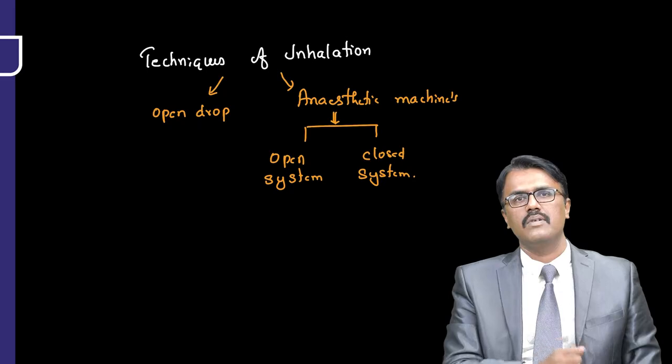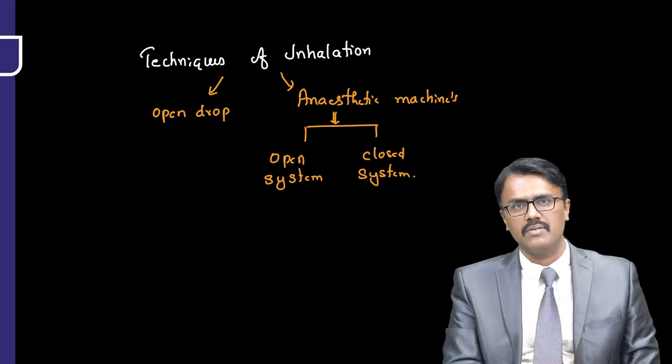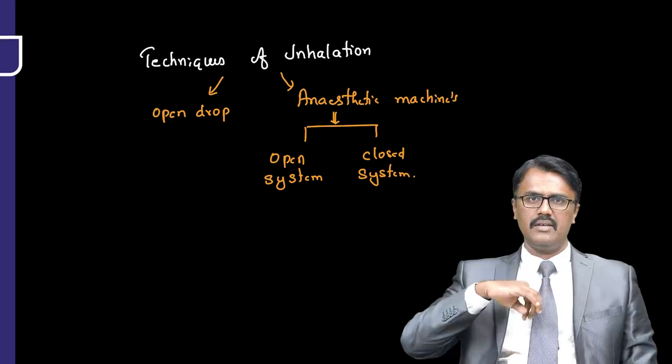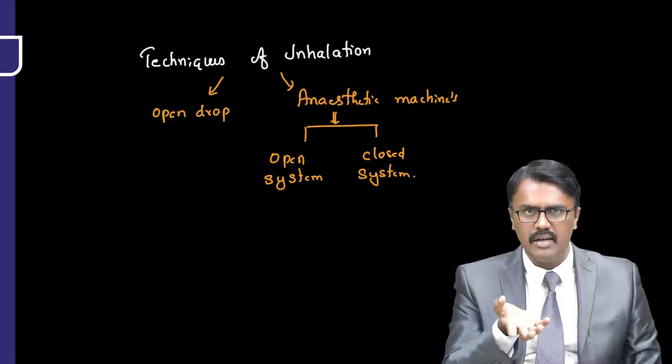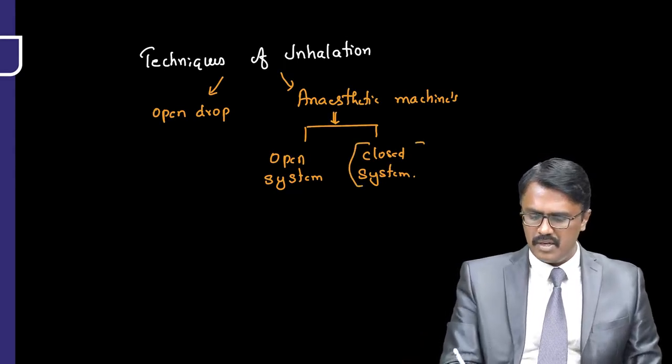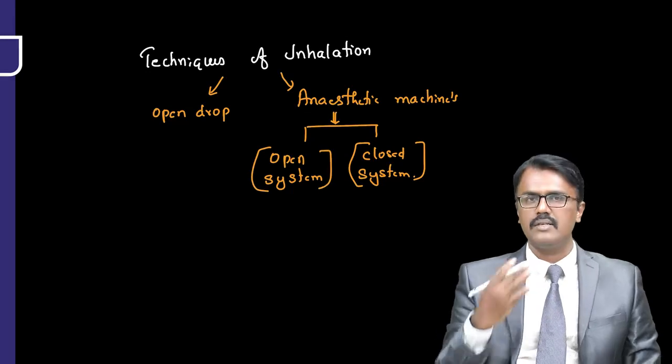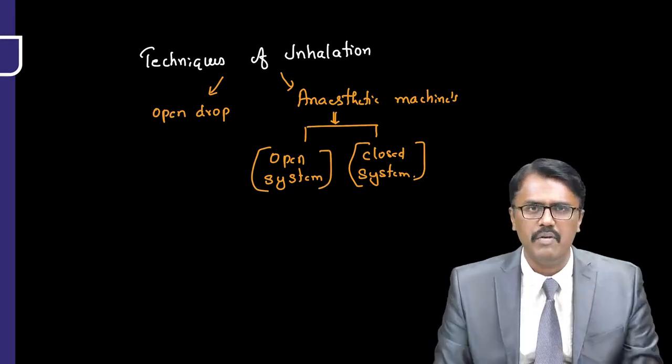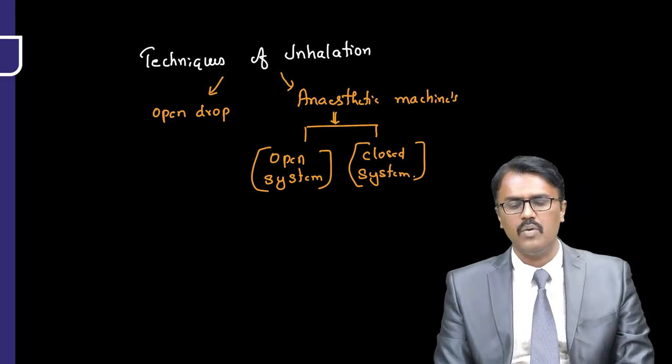Like this we conserve the drug. That is called the closed system. But in the open system, we inhale the anesthetic, exhale it, it goes out, and we will not inhale it again. That is the meaning of open system.